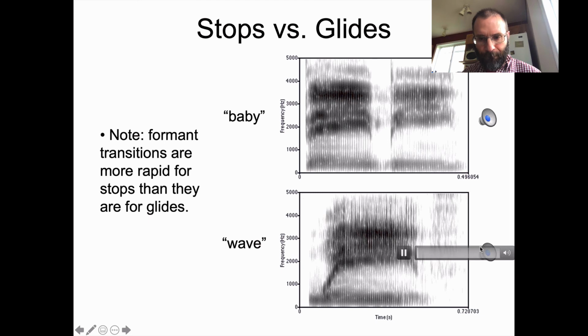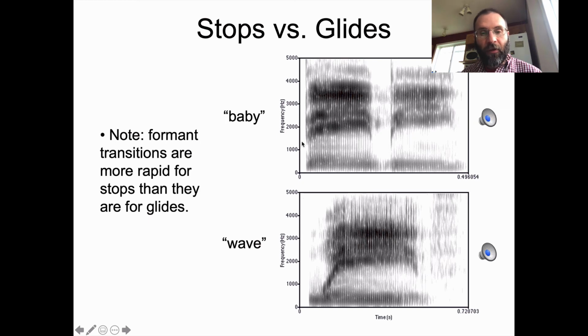Baby. Wave. So this is going to look a little bit like that wee example we saw a few minutes ago for the wave, where we have low F1 and F2 for the glide articulation, and then because we're moving to a front vowel, F2 is going to go up. This also puts us into a front vowel for baby, in fact the same vowel. Baby.